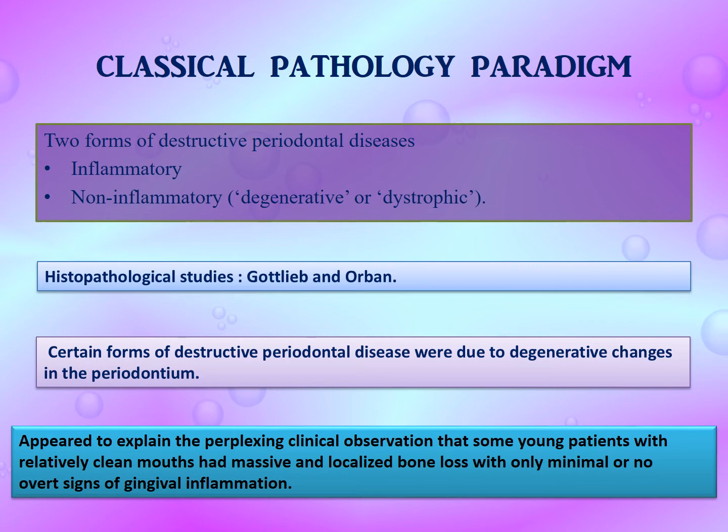So certain forms of destructive periodontal diseases were due to degenerative changes in the periodontium, and it was later called periodontosis. This paradigm appeared to explain the perplexing clinical observation that some young patients with relatively clean mouths had massive and localized bone loss with only minimal or no overt signs of gingival inflammation.